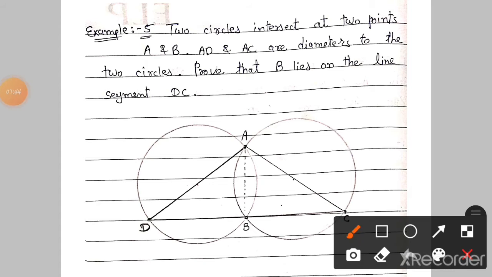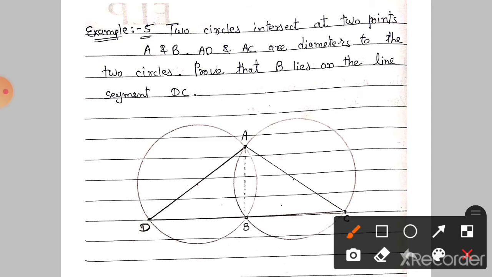Read the question. Two circles intersect at two points A and B. So first I draw those circles. Circle 1, circle 2, yes or no? And they intersect at points A and B like this. AD and AC are diameters.